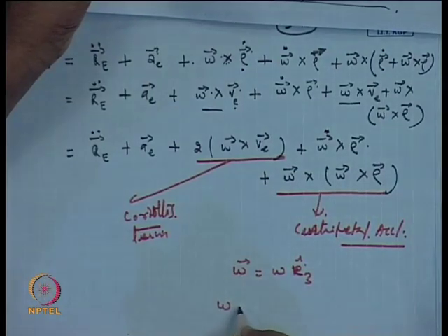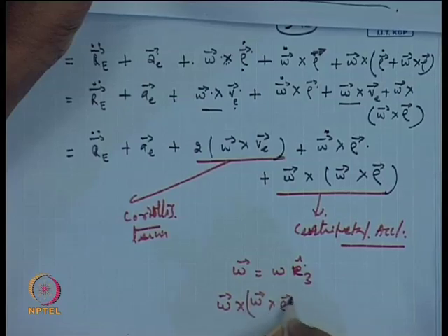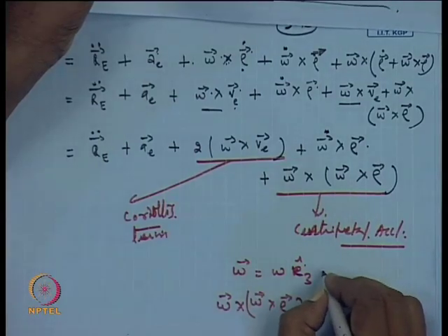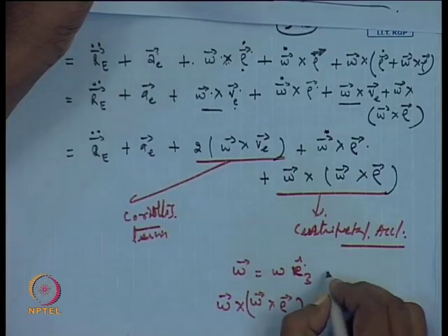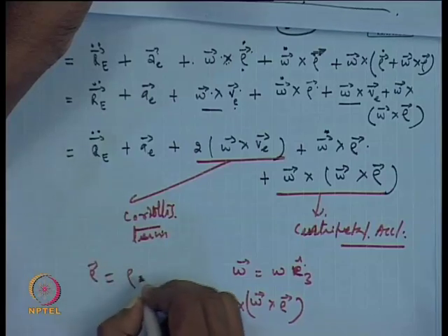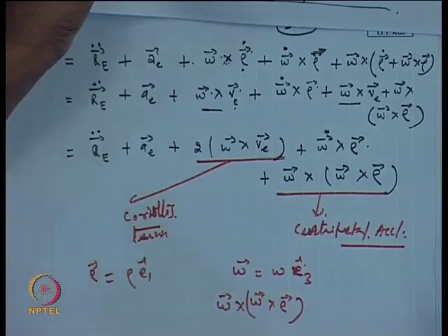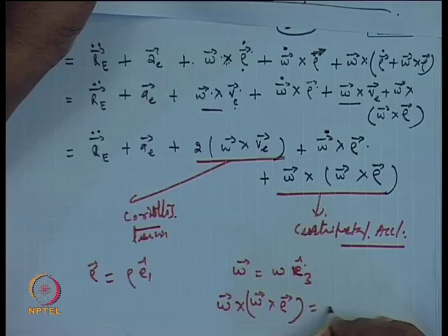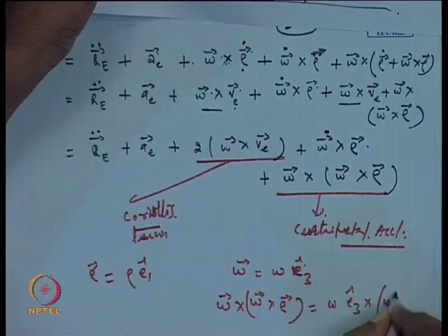So, the omega cross omega cross rho, where the rho vector we describe as rho times E1 cap. So, this will become omega times E3 cap cross omega times E3 cap cross rho times E1 cap.